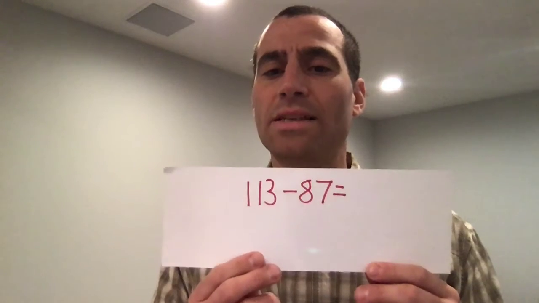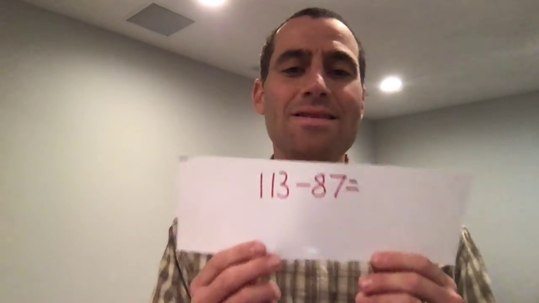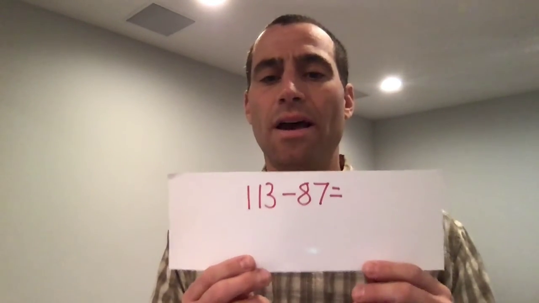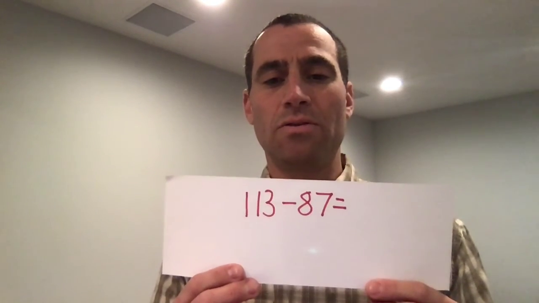Now let's take a look at 113 minus 87. Well, I could decompose 87 into some parts. But here I'm going to practice my flexible thinking, and I'm going to say, you know what? That's not the best strategy for this. I'm thinking, well, what are we doing here? We're looking to see what's different between those two numbers. 113 and 87, I'm comparing them. They're reasonably close.